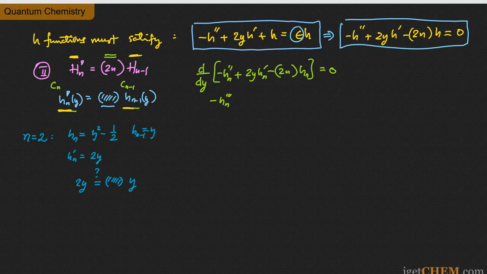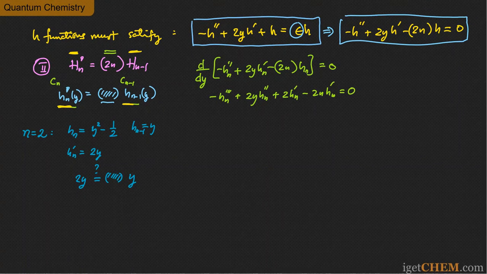For the second term, I will have to use the product rule, so I would have 2y times h_n double prime plus 2h_n prime. And finally, the last one is just 2n multiplied by h_n prime, and that obviously is equal to 0. So now for this one, these two are both h_n prime.